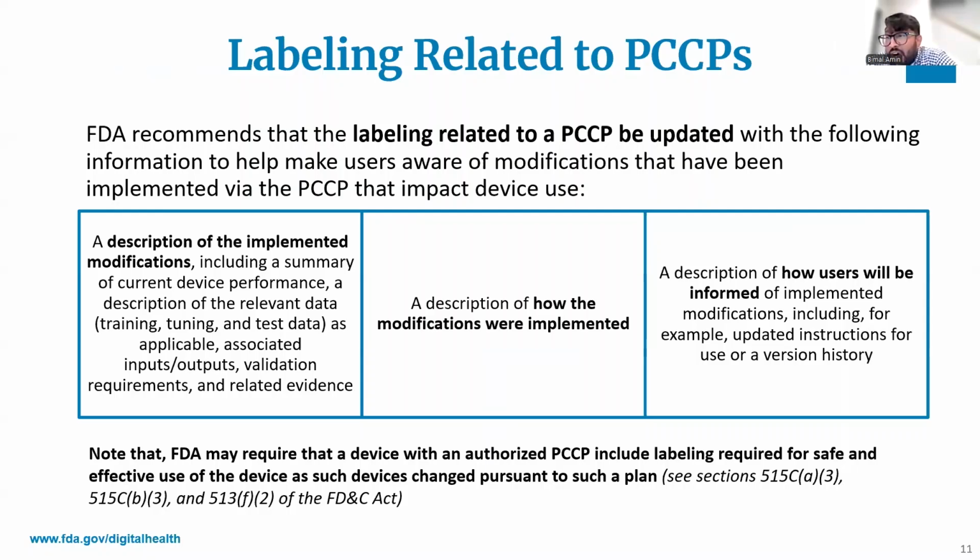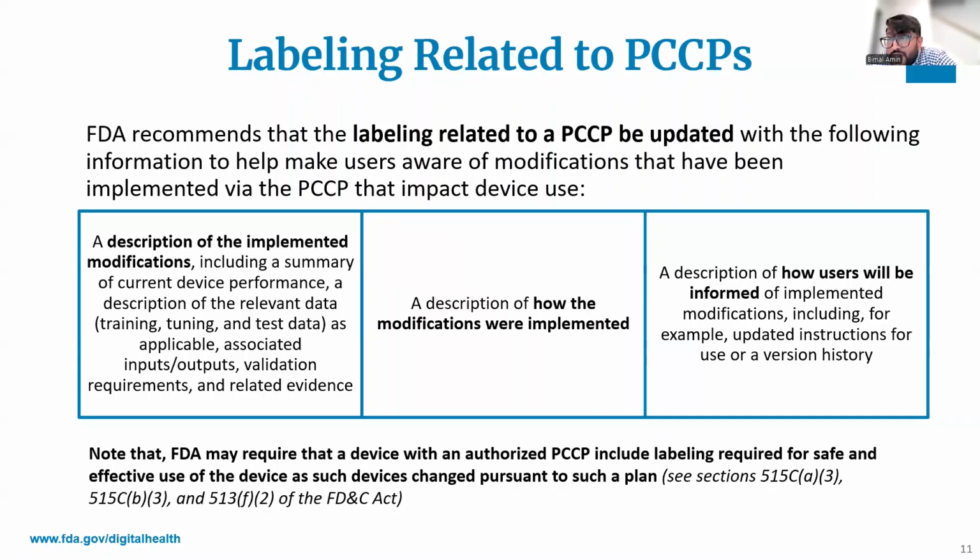Once the PCCP is authorized and you've implemented a proposed modification, the FDA recommends that the labeling to a PCCP be updated. This includes the following information to help make users aware of modifications that have been implemented and that impact the device use. First, it should include a device description of the implemented modifications, including a summary of current device performance, the relevant data used such as training, tuning, and test data, associated inputs and outputs, validation requirements, and supporting evidence.